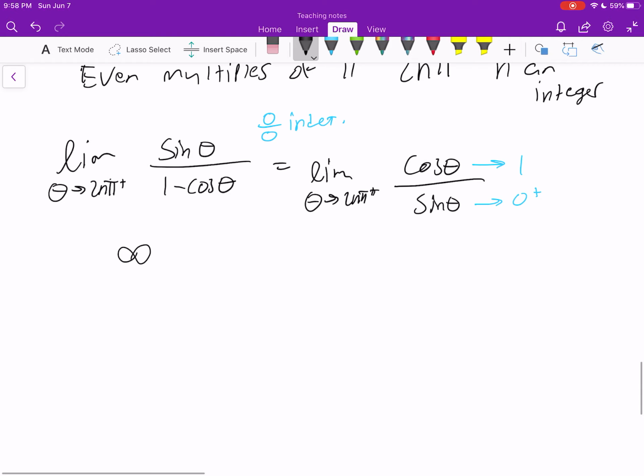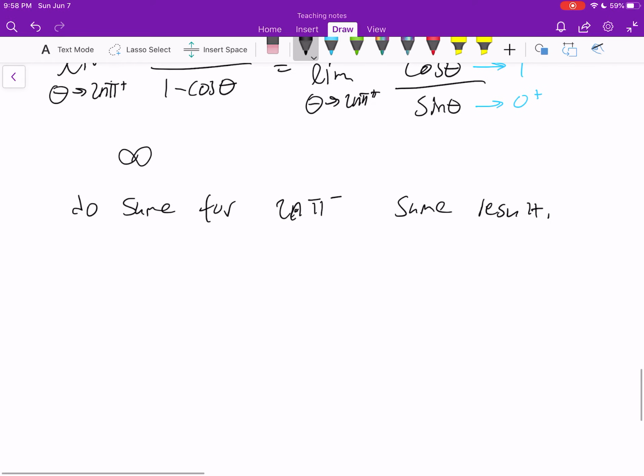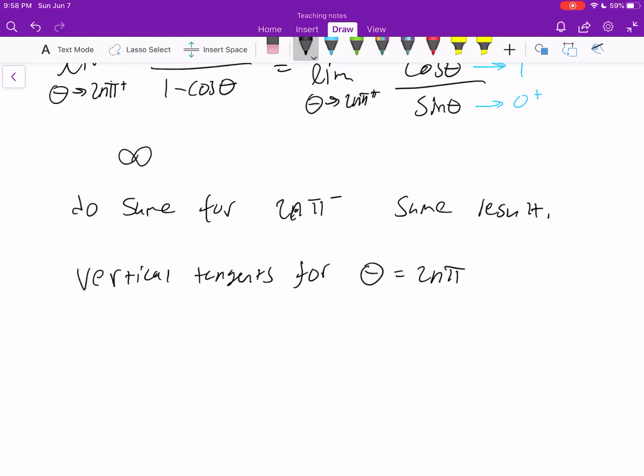And you can do the same thing for 2n pi from the left, and you get the same result. So you have vertical tangents for theta equal to 2n pi.